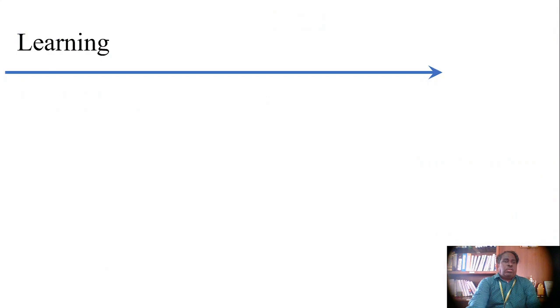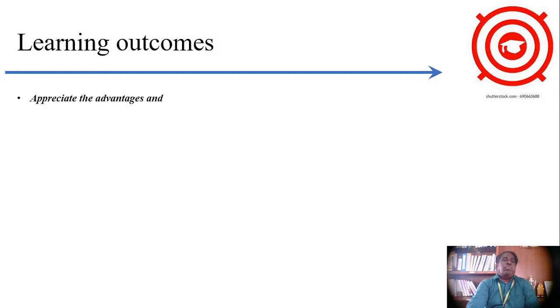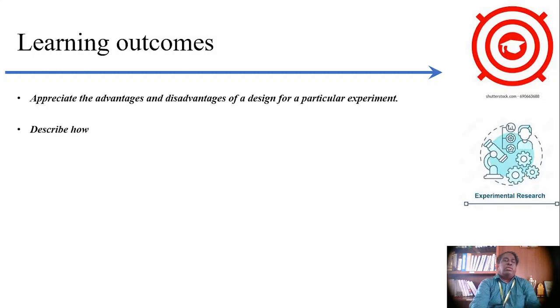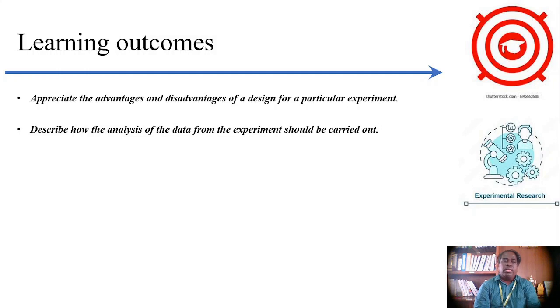Then, what is the outcome? The learning outcomes with this subject are to appreciate the advantages and disadvantages of a design for a particular experiment, and describe how the analysis of the data from the experiment should be carried out. This is also important.